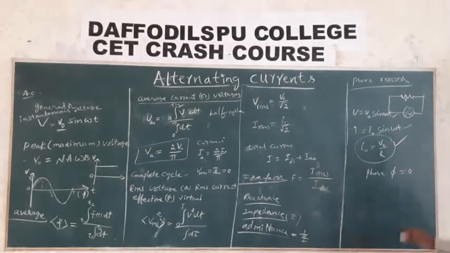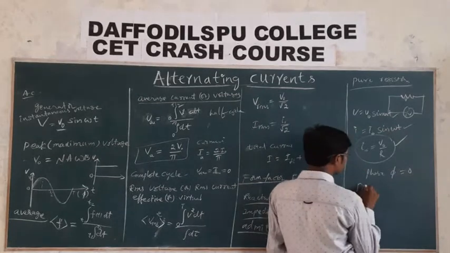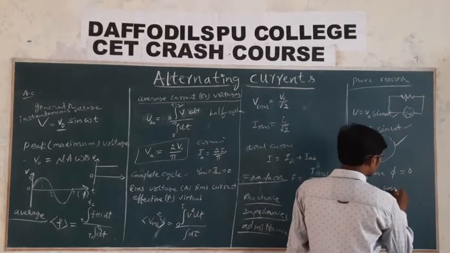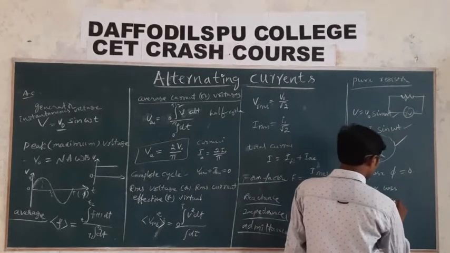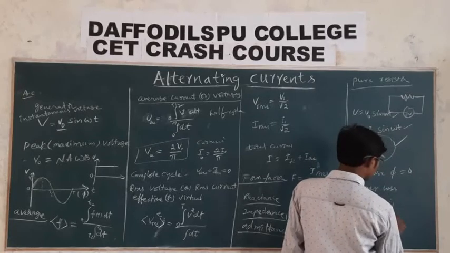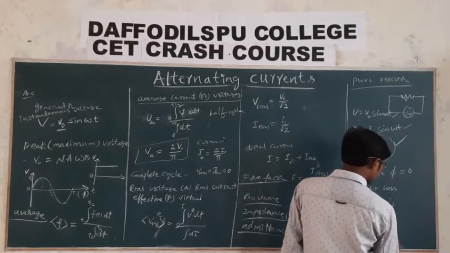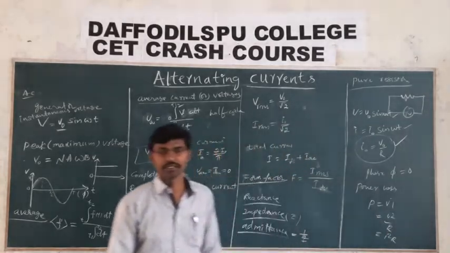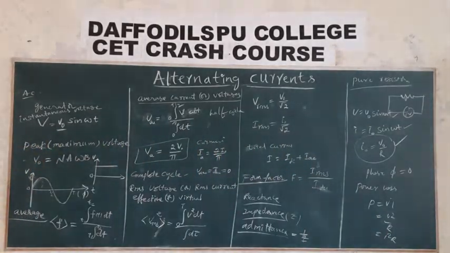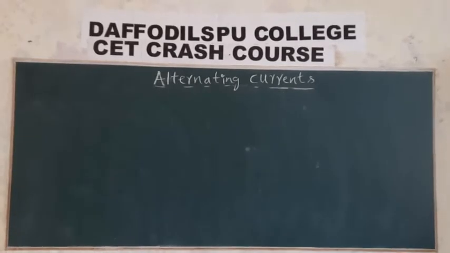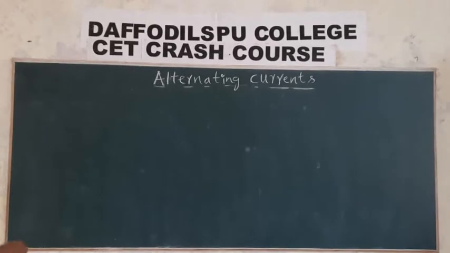Because of this phase difference, the power loss takes place. Power loss P is equal to V I, or V square by R, or I square R, which we already know from previous topics. How do we get the average energy loss or power loss in a circuit? Let me explain.